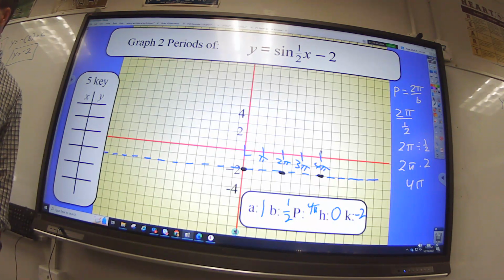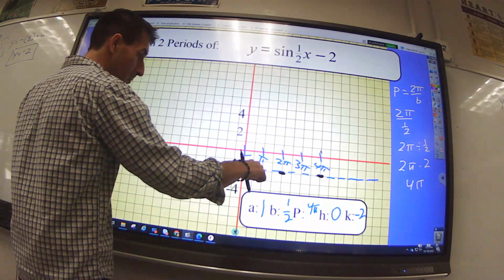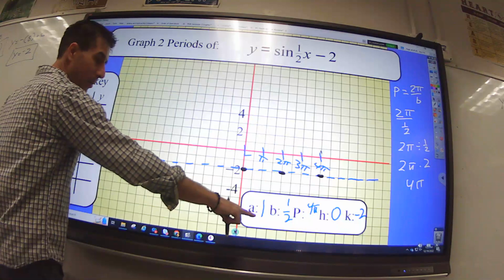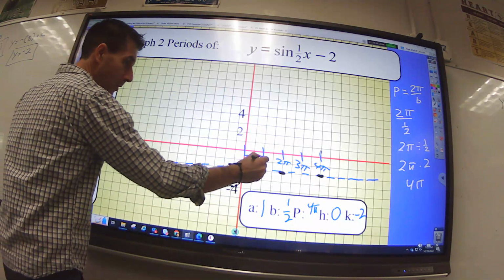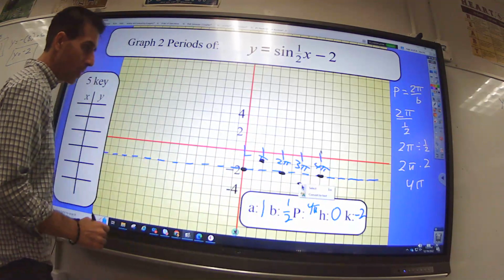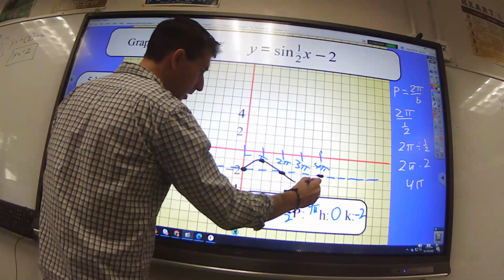So what do I do in between? Up or down? Up. Now, how far up do I go? This says I go up 1. Then I go down 1. And then how do you connect the points? Make them curvy.